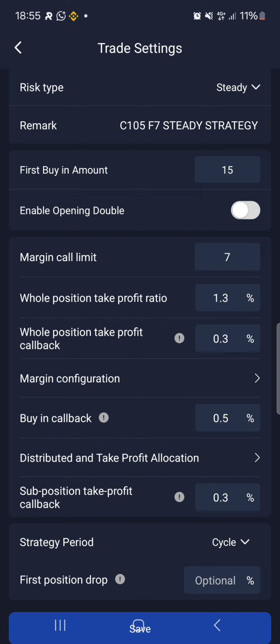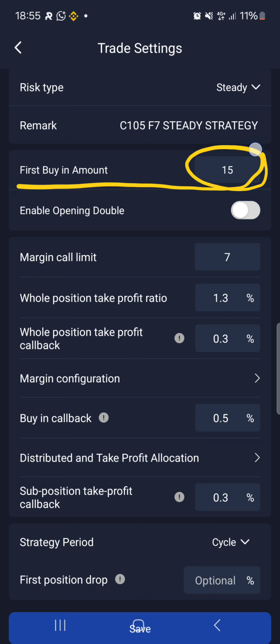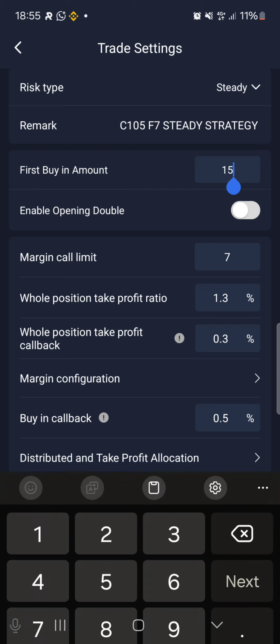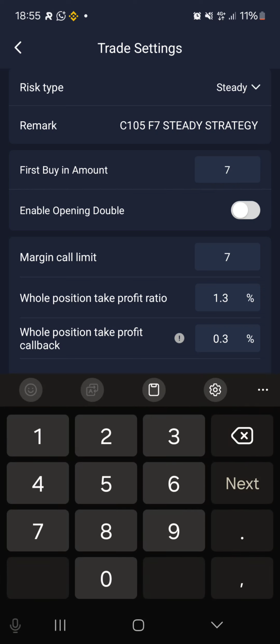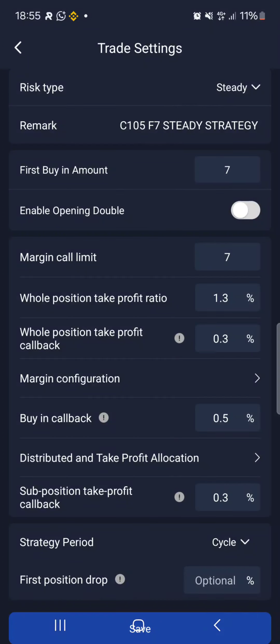So the first time the robot goes on the market, it will open the first position with the amount you put here. In my case, I'm going to put 7. The remaining amount of money is going to be entered as the price of that asset keeps dropping down.